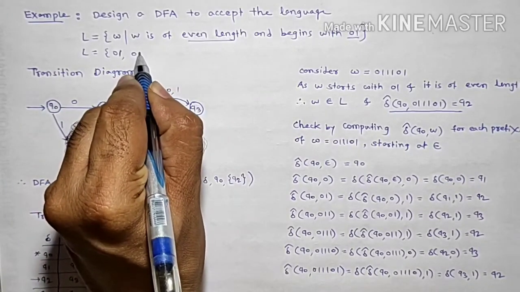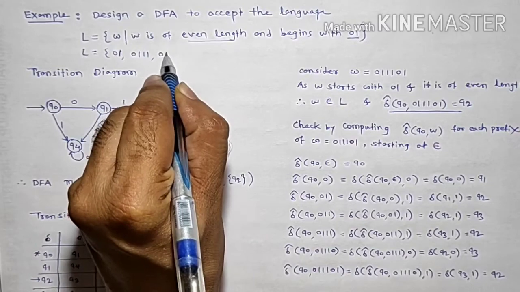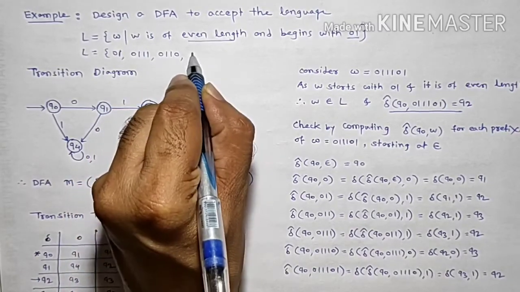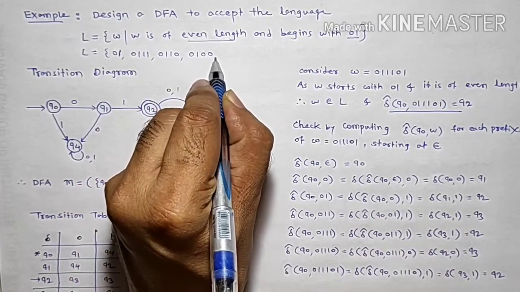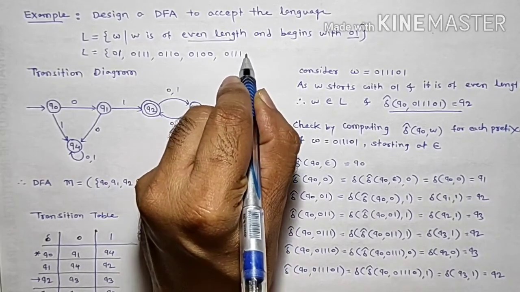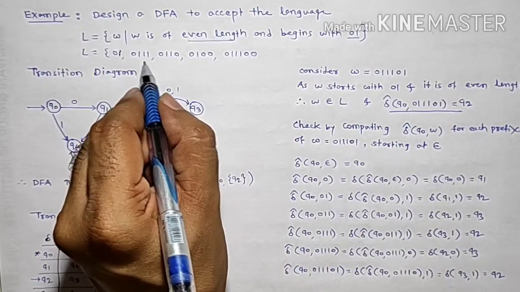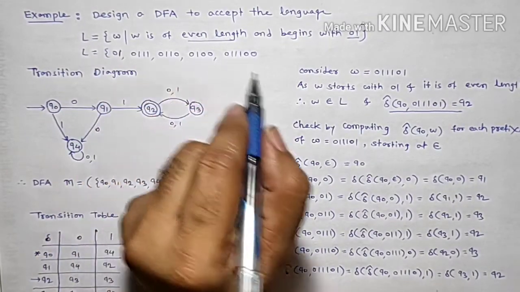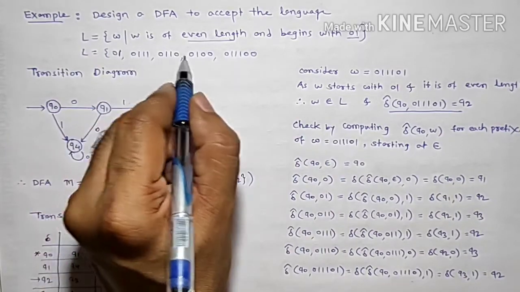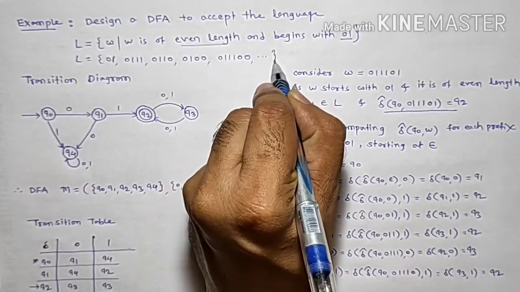Further we can write 0 1 followed with 1 1, 0 1 followed with 1 0, 0 1 followed with 0 0, or 0 1 1 1 0 0. All these strings start with 0 1 and they are of even length, like 2, 4, 6 and so on. So this is an infinite set.